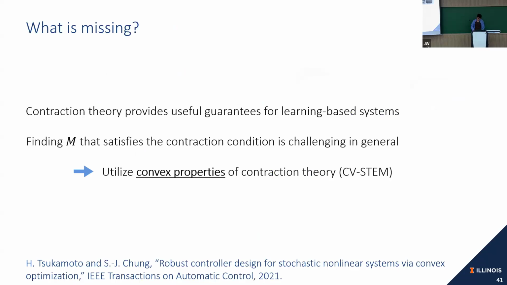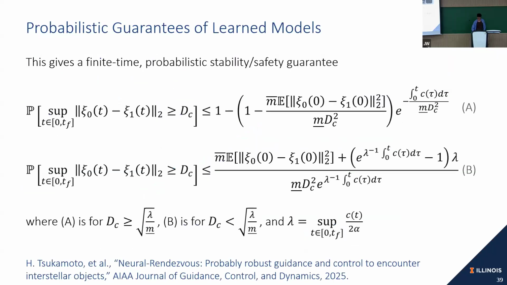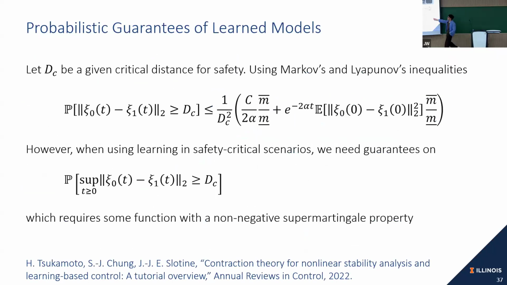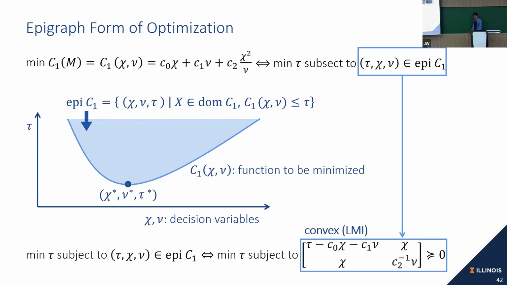One last thing for the contraction part is that the bound we were talking about, the C term here, can actually be written as a convex function. For some reason I'm using C1 here, but anyway, the bound we had in the robustness can be expressed as a convex constraint, which is the very property you get from the linearity of contraction theory.